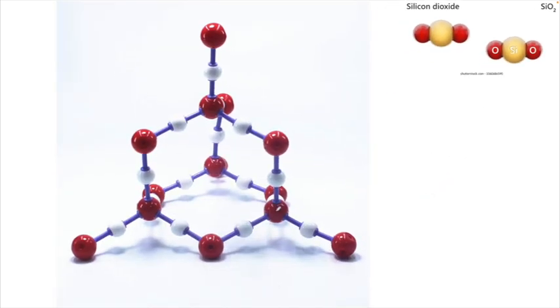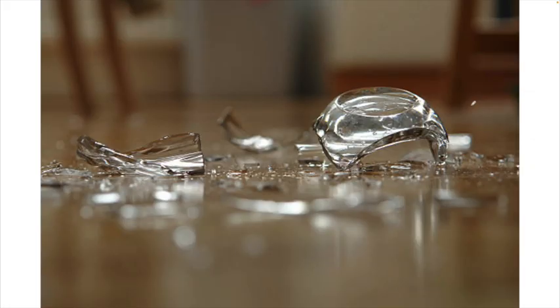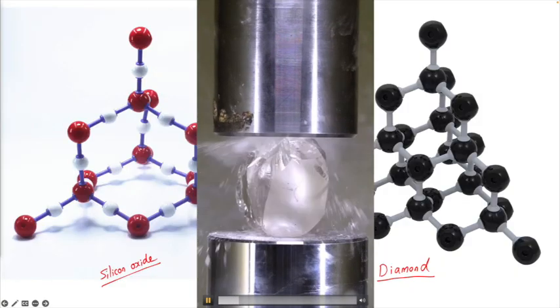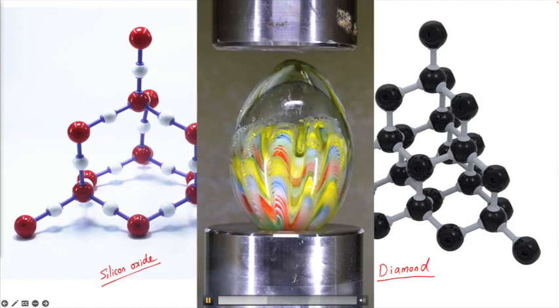Each oxygen atom in turn bonds with two silicon atoms, forming a three-dimensional covalent network, similar to the structure of diamond. Because of this, silicon oxide forms hard, rigid materials. However, it's brittle. When you press it, it doesn't bend or stretch, it simply breaks. You can observe this with glass under a hydraulic press. It cracks instead of bending.